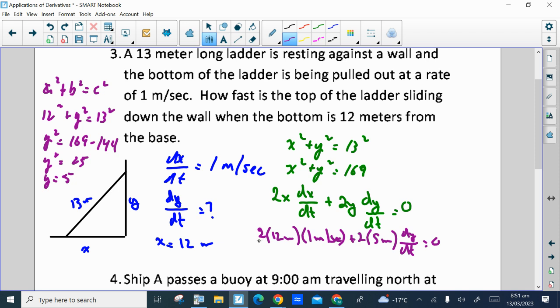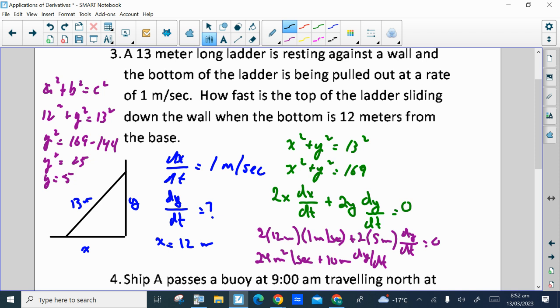So that first term will be 2 times 12, which is 24, times 1, 24 meters times 1 meter per second. So I'll have 24 meters squared per second. And I can move that second term. Actually, let's just leave it there for now. 2 times 5 is 10 meters, dy by dt.